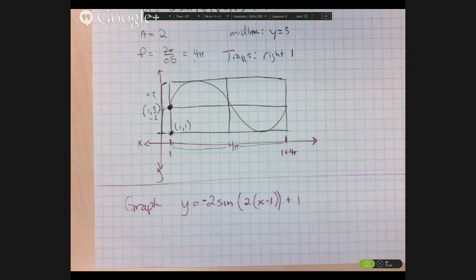This is Y value 4. Drop 2. Yeah, which is 1. Those are coordinates.